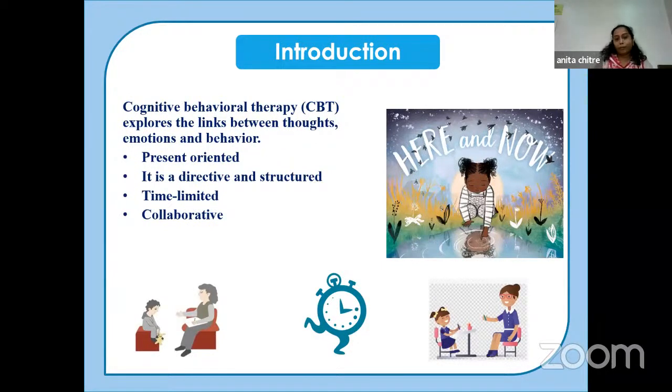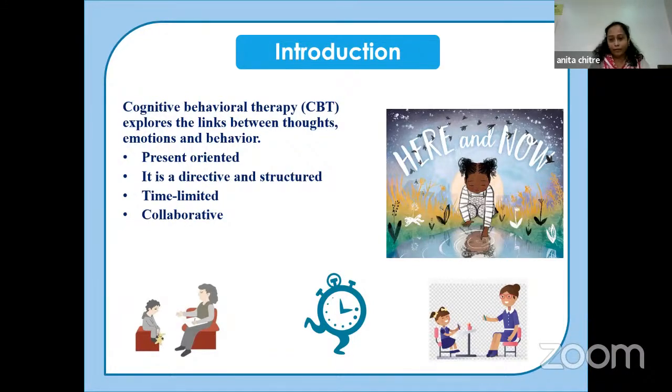But there are 4 major aspects of CBT. One is it's present oriented. We are not talking about any past things. We are not talking about what the child did in the past, but we are helping him to focus on here and now in the present. It is a directive and structured therapy. So the guidelines about how the stepwise progressions and how the therapy has to be conducted is very well given.